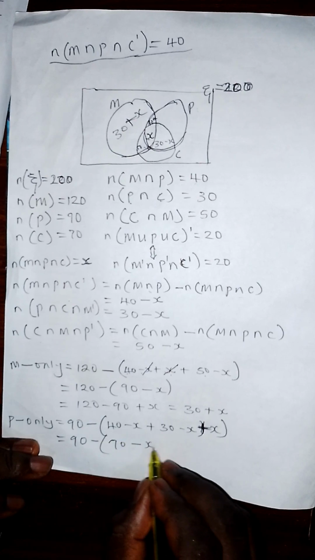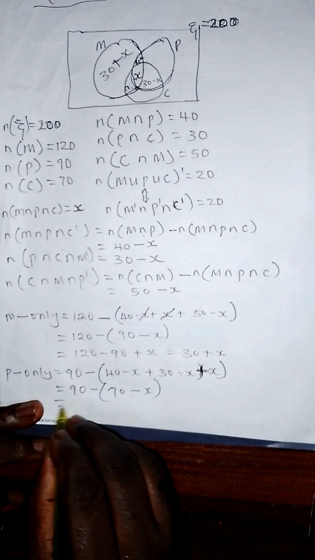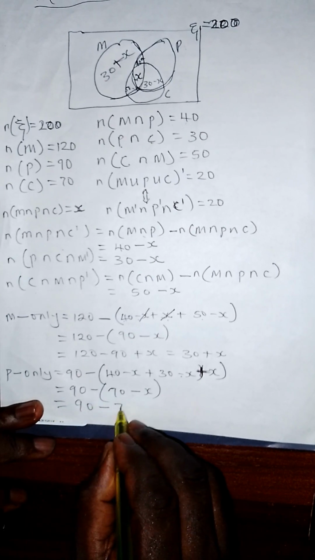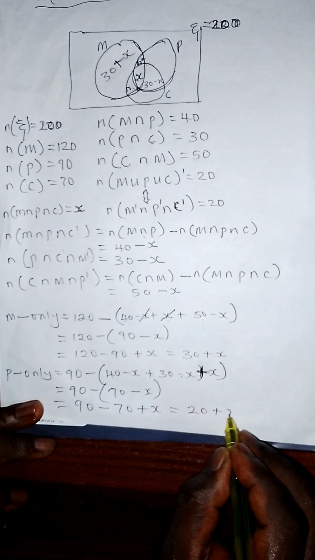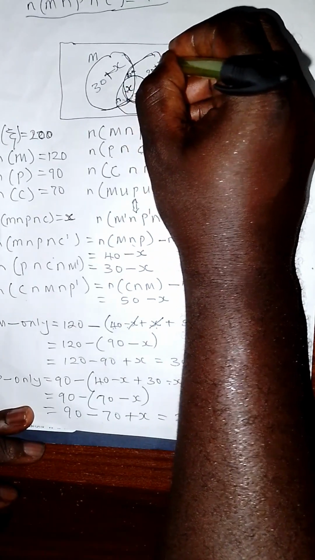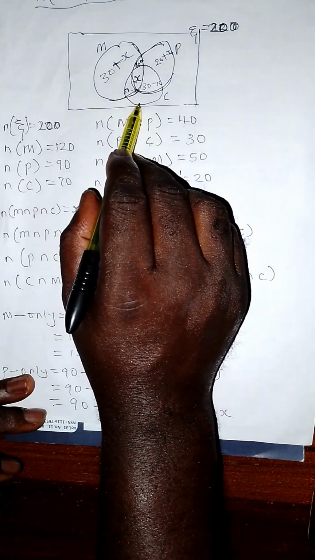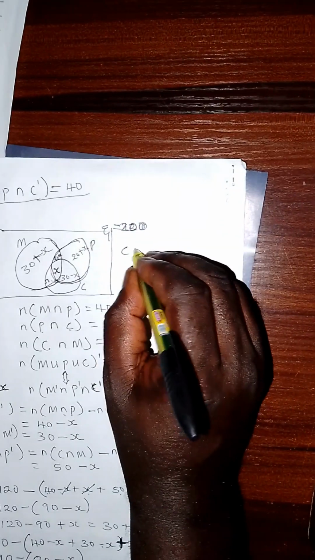So you are left with 90 minus 70 plus X, and that is 20 plus X. So I'm coming to the last one here. To do the last one, that is chemistry only, C only.